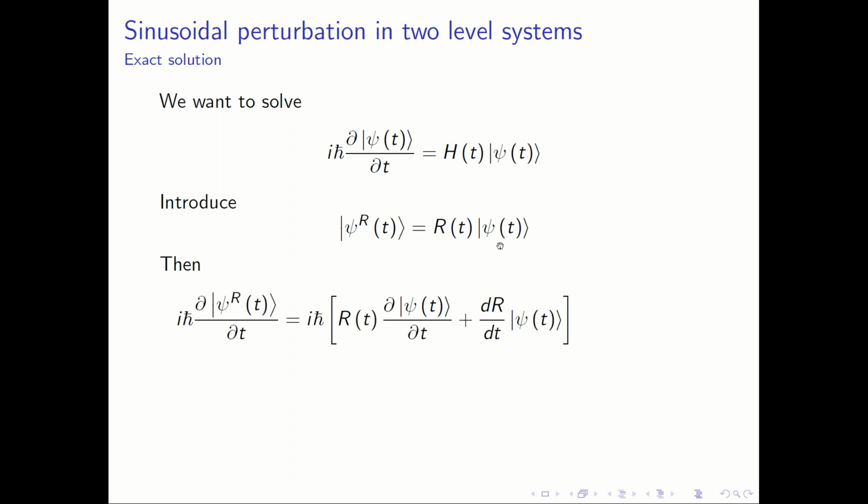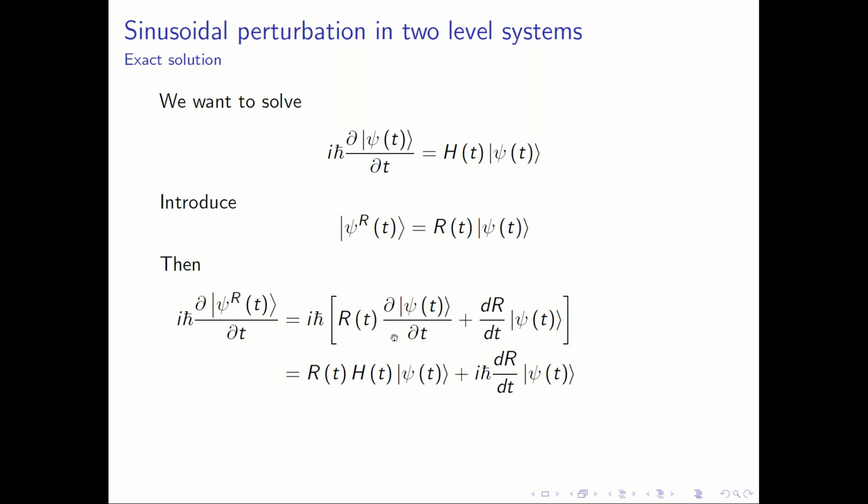And that's pretty easy to figure out. I just try to calculate i h cross del del t of psi_R(t). This of course is going to be i h cross times R(t) times derivative of this plus dR/dt times this. Simple standard rule that is applied for products all over in calculus. And now you realize that i h cross del psi del t, this thing here is nothing but H acting on psi.